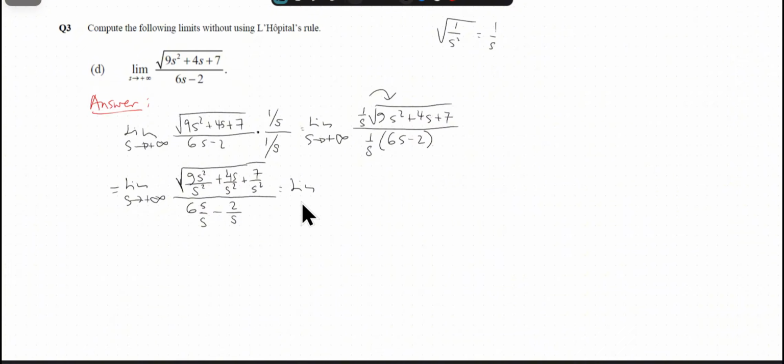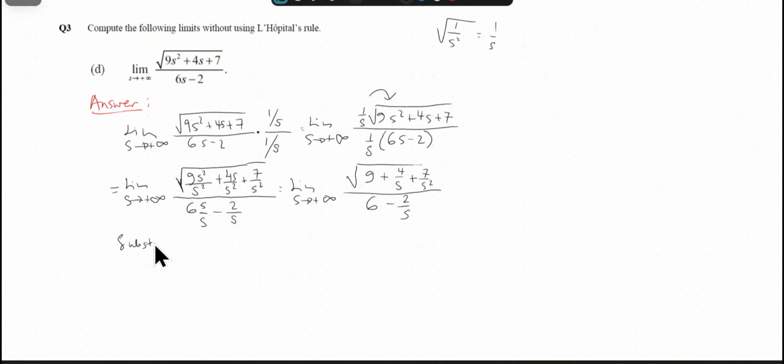Let's simplify this again. The limit as s approaches positive infinity of the square root of (9 plus 4 over s plus 7 over s squared), all over (6 minus 2 over s), since the 6s cancels.